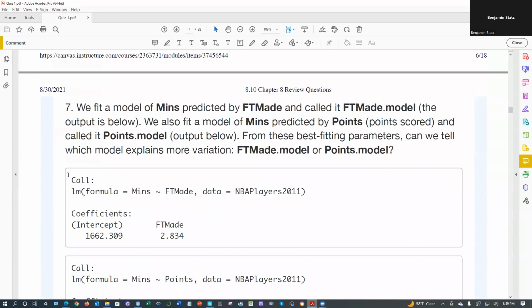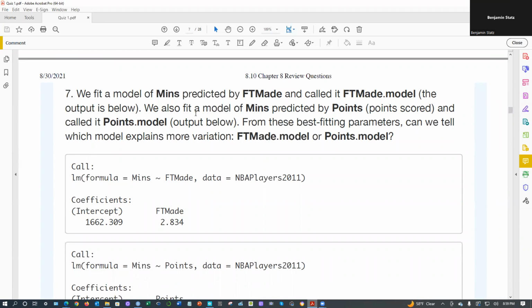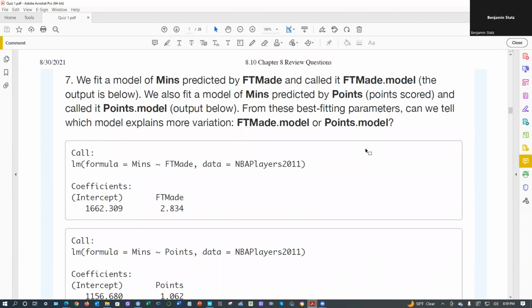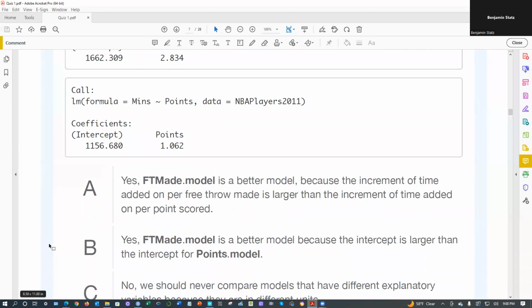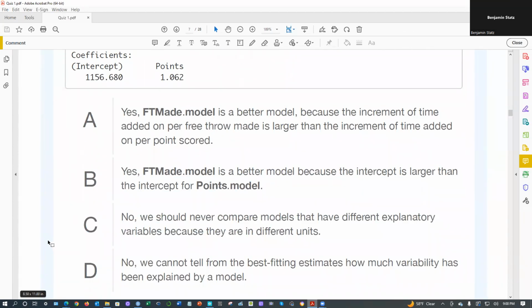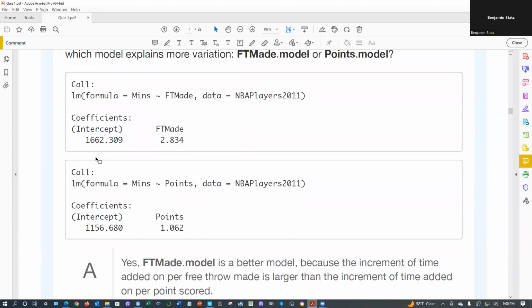Keep going. We fit a model with means predicted by FT made and call it the FT made model. The output is below. We also fit means predicted by points scored and call it the points model. From these best fitting parameters, can we tell which model explains more variation? Looking at minutes by FT made and minutes by points, same data, can we compare the two? No, we cannot compare two models based on their slope and intercept.